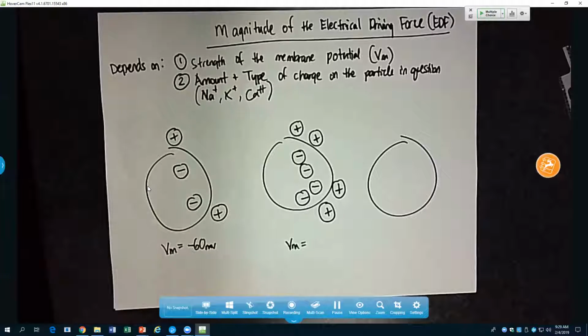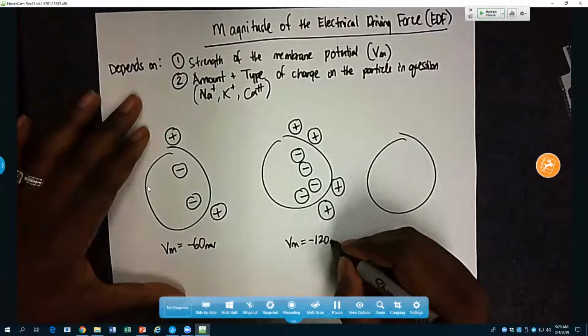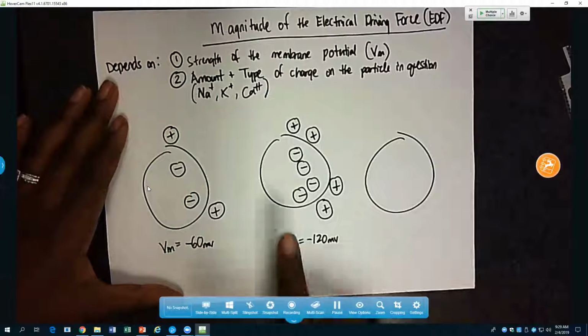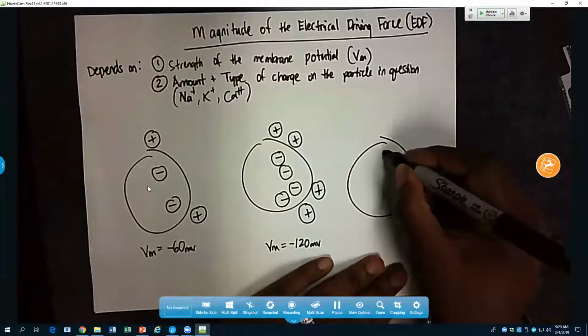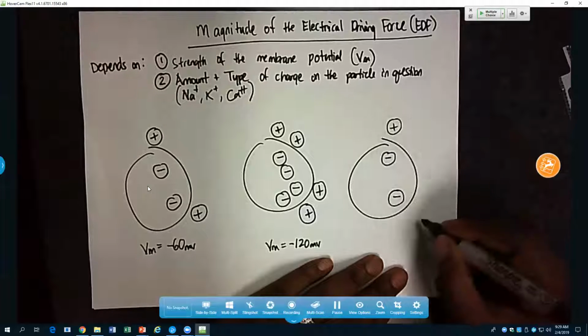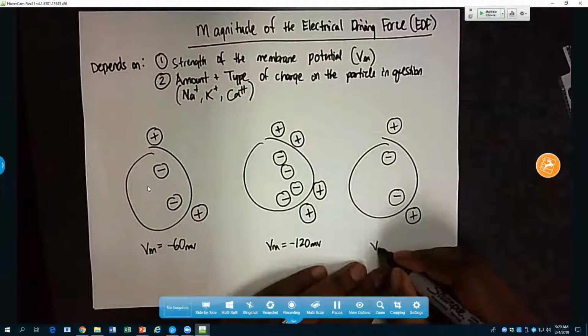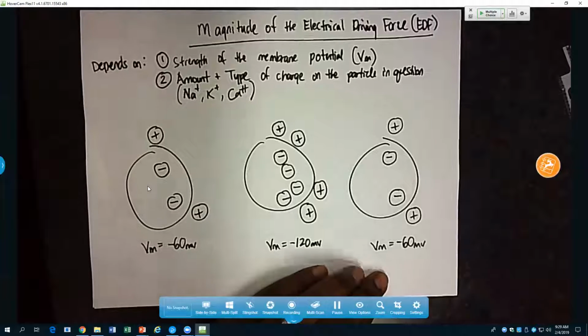What is our membrane potential going to look like here? We have a greater separation in charge because now we have more anions inside the cell, more cations outside the cell. So our membrane potential is going to be twice as much. So let's say negative 120 millivolts here. Okay, we have a greater separation of charge. On the third scenario, we have anions in the cell and cations outside, and a similar membrane potential as in that first cell. So negative 60 millivolts here.